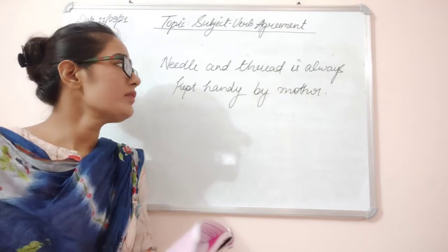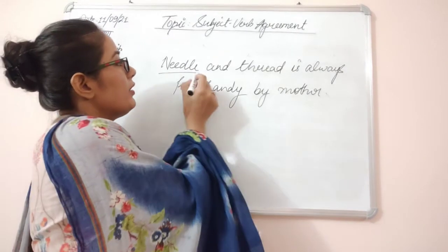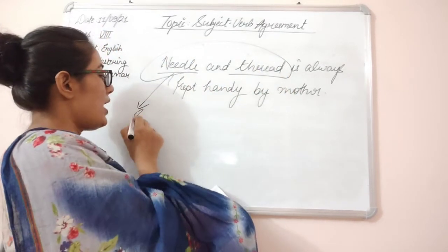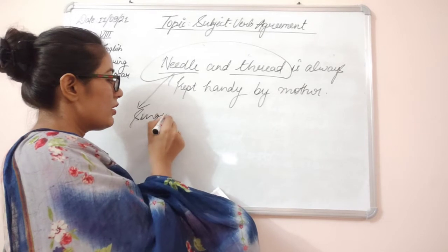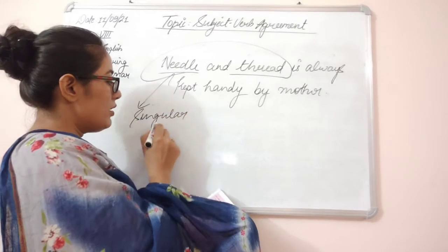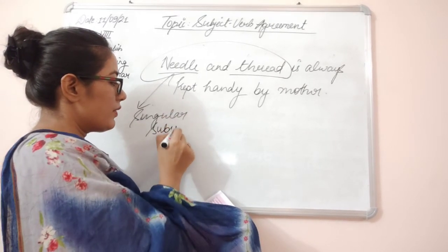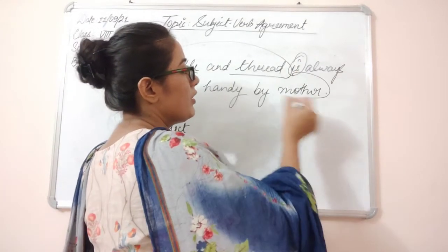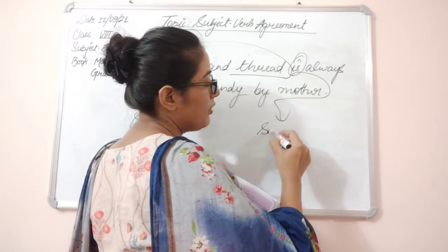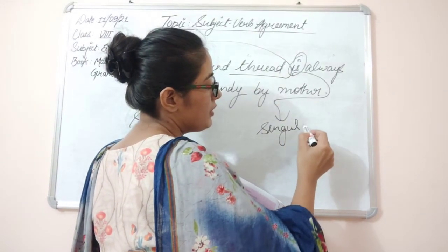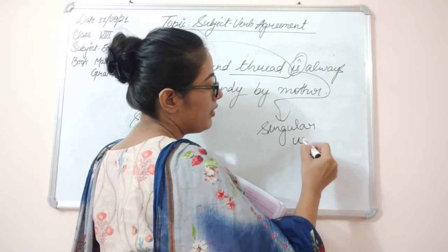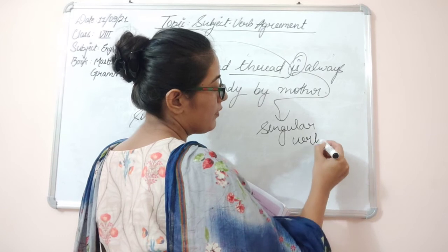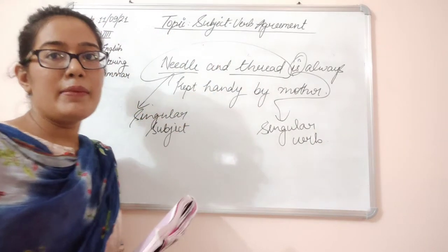Matlab, here needle and thread are also being recognized as a singular subject. So the verb becomes singular. So the verb also becomes singular verb. Am I clear?